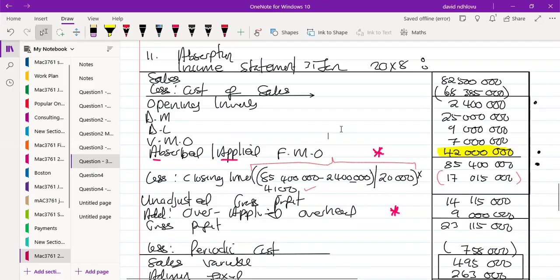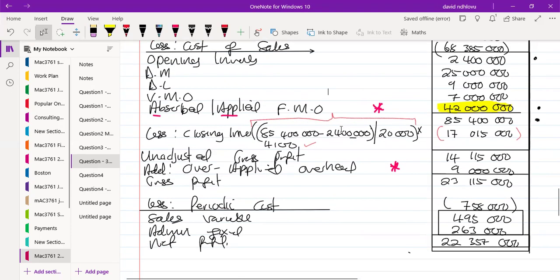Right, and then there are two ways of calculating that figure. Let me copy this.